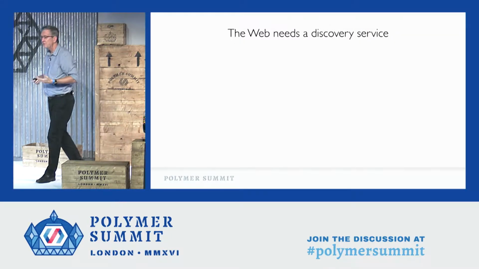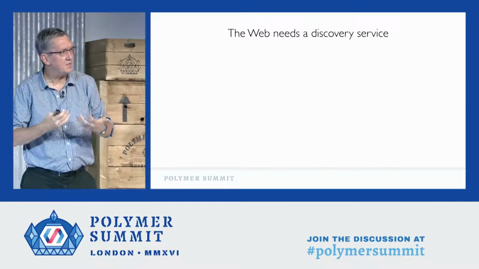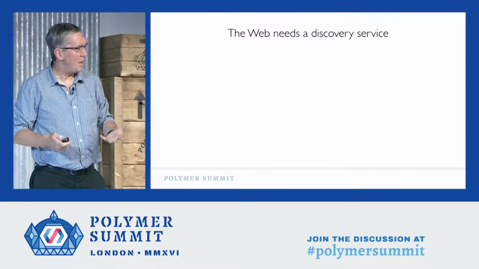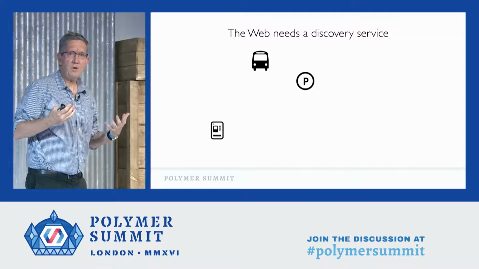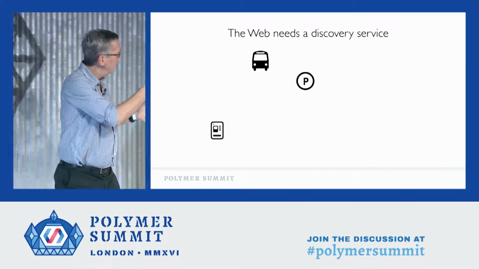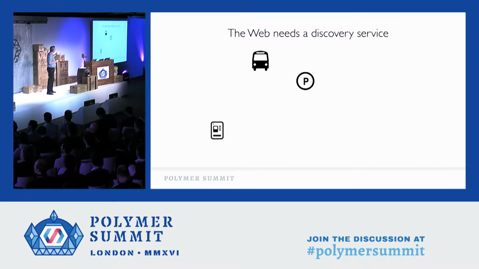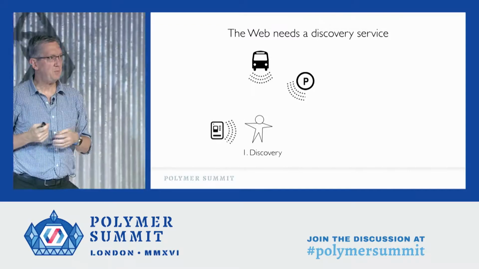And so the whole idea of the physical web is that the web needs a discovery service, not something bolted onto the side, but something like the web itself. So if you were to have, say, a vending machine and a bus stop and maybe a parking meter, and they're all broadcasting URLs, what's the experience like when you walk into that space?